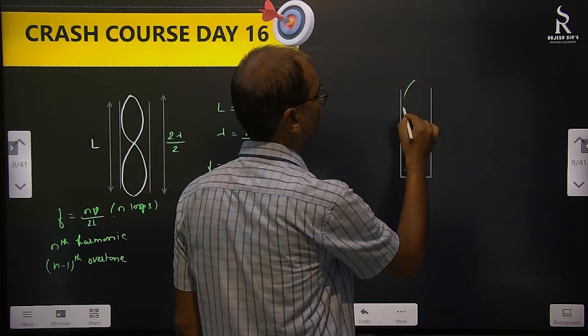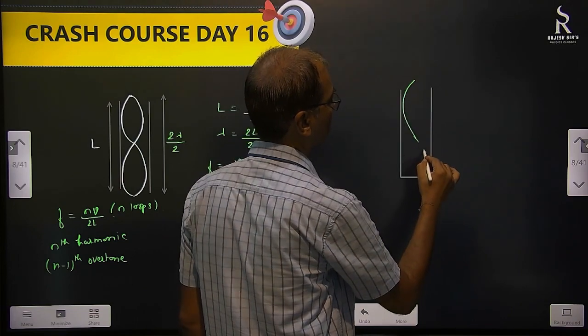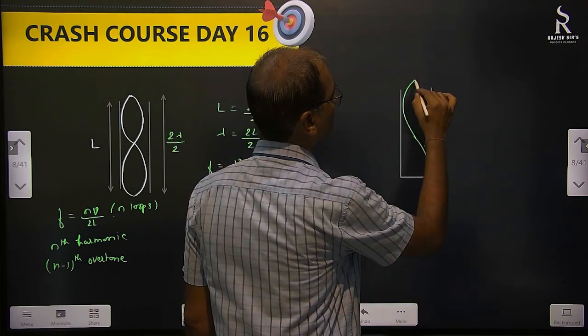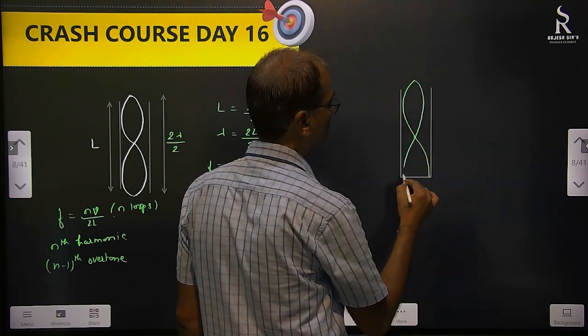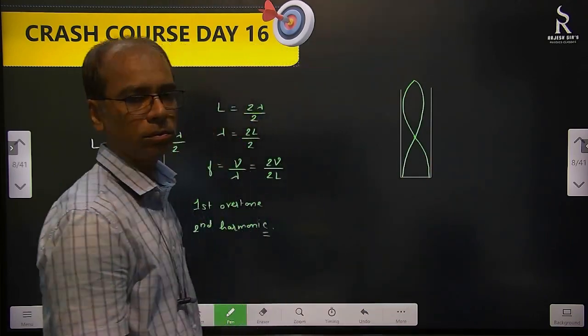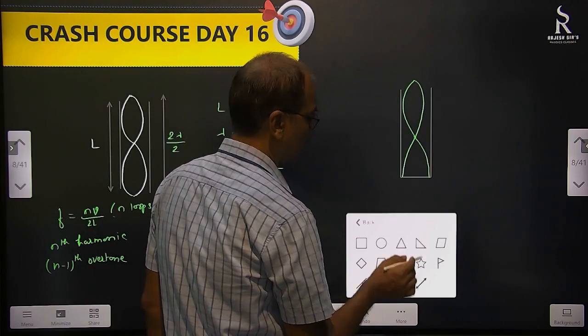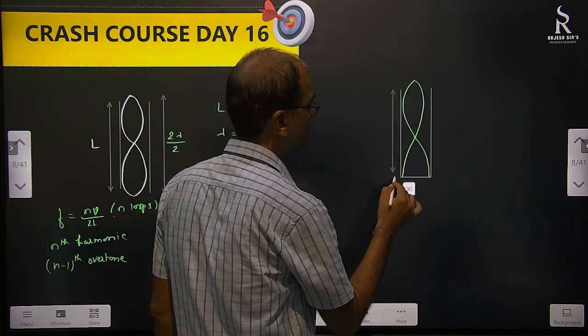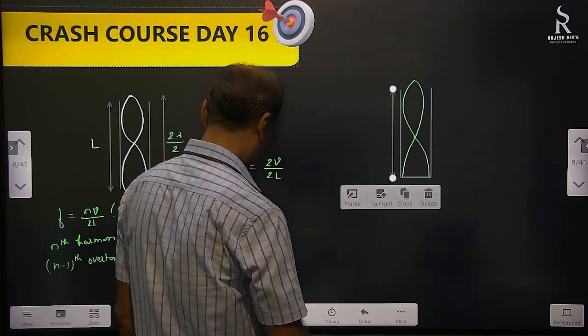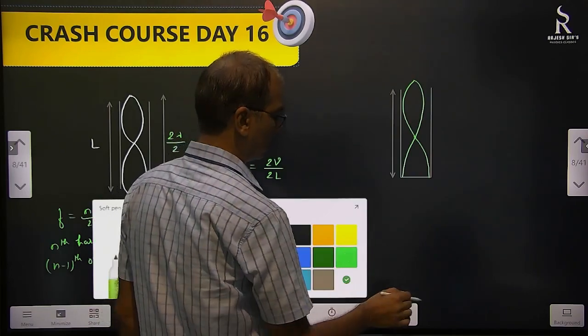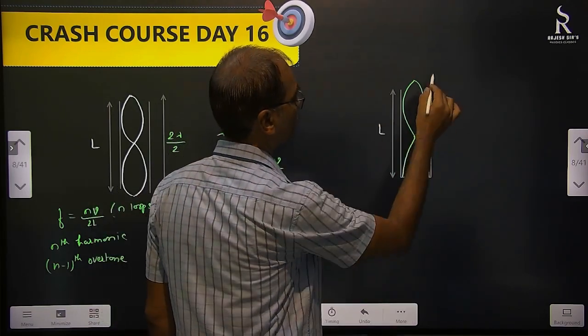So this is how it is, like this, and then it goes in this way, and then here it's like this and like this. Then what we can say, this is L.